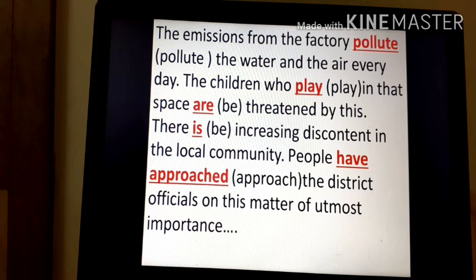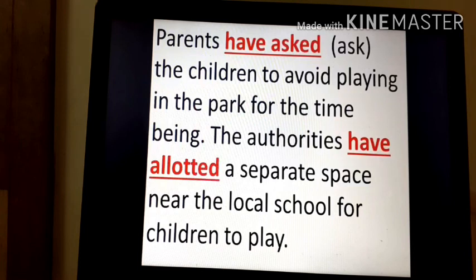The third form of the verb approach is approached. Parents have asked the children to avoid playing in the park for the time being. The authorities have allotted a separate space near the local school for the children to play. So here we have used have asked and have allotted.